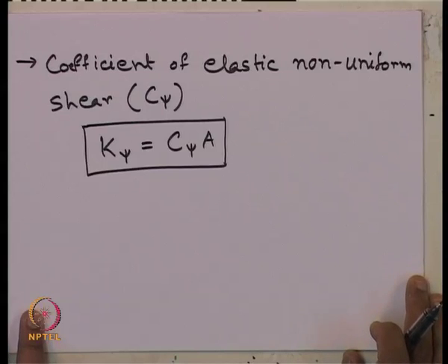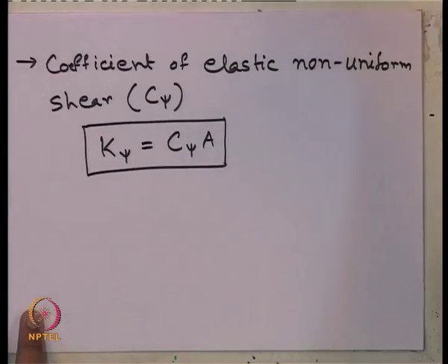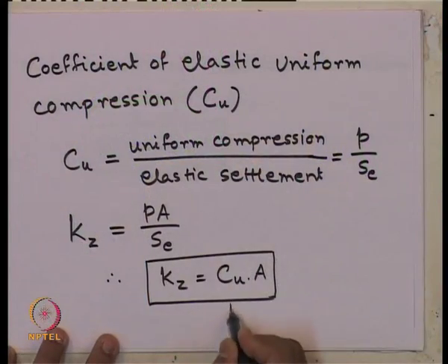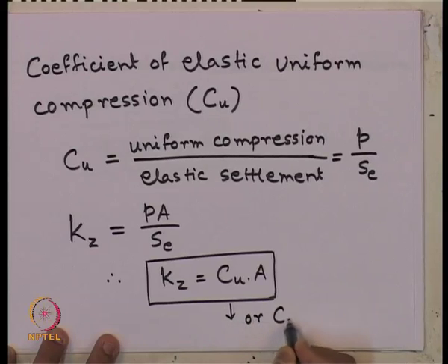We compute the first one, that is Cu, or sometimes it is called Cz also. Earlier we had used Cz. You remember, in your lecture on cyclic plate load test, we had used Cz also.